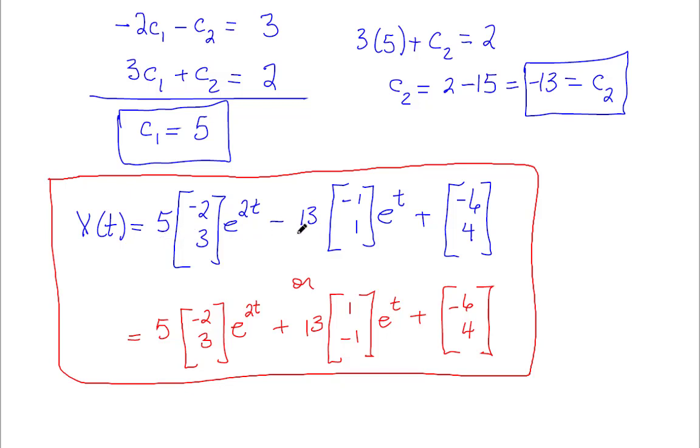Here's 5, here's my minus 13. Or if you wanted to multiply in the minus 13, you could also write this as 13 with a 1 and a minus 1. All the same thing. And that concludes section 8.3.